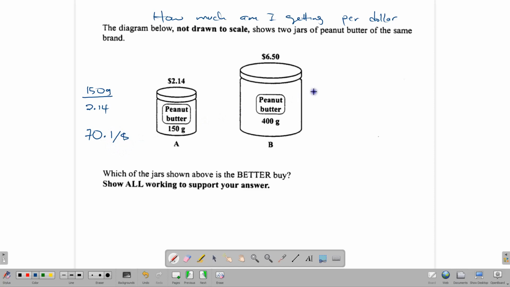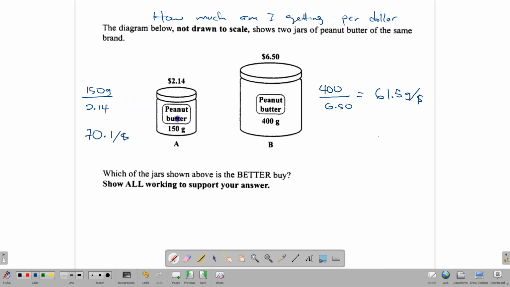Let's do the same thing over here. Take our 400 grams and we're going to divide it by $6.50. And when we divide by $6.50, in this case, we get 61.5 grams per dollar.